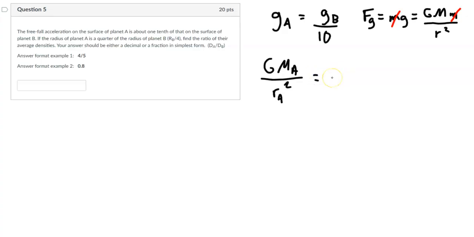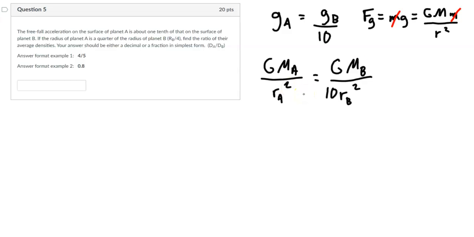And for B, it's going to be also big G, mass of B, divided by radius of B squared. And all of that divided by 10, which would be the same as multiplying it by 1/10, which would put the 10 here, so the 10 is still there, okay, to keep the mathematical statement true here.